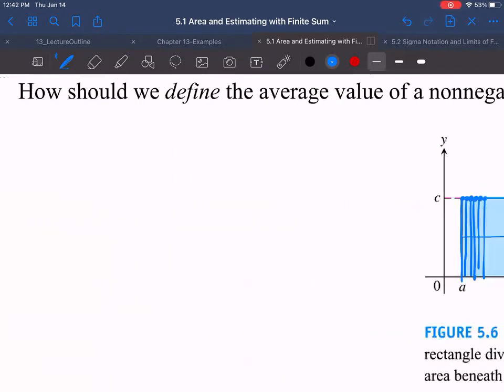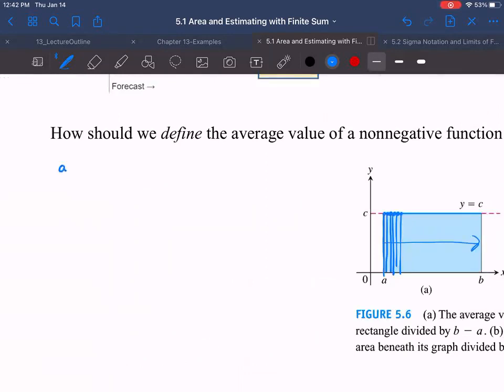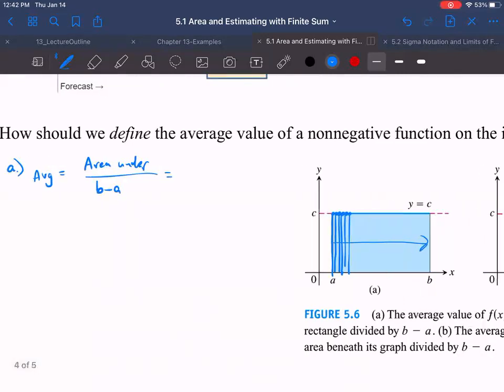So for looking at that first graph in picture A, we can actually do the average. So the average value of it, so the average output, is going to be simply the area under the curve divided by B minus A. In this case, let's say this is 1 and this is 11, and up here C is equal to 5.